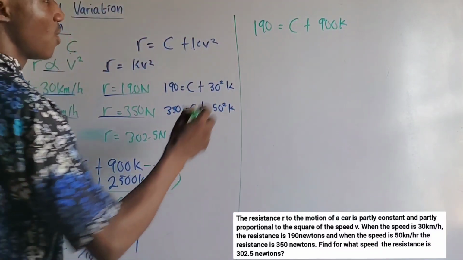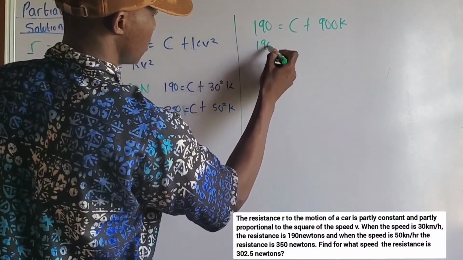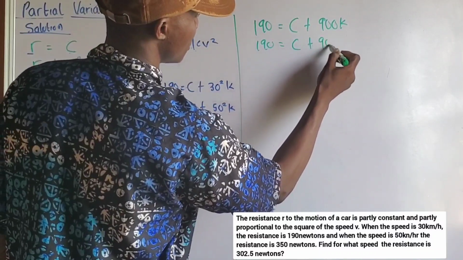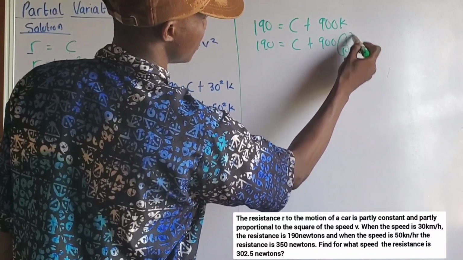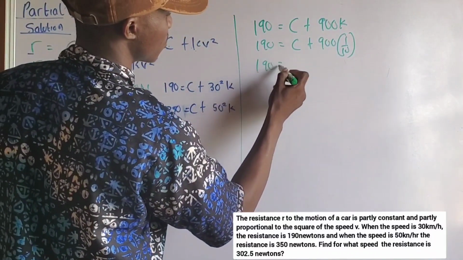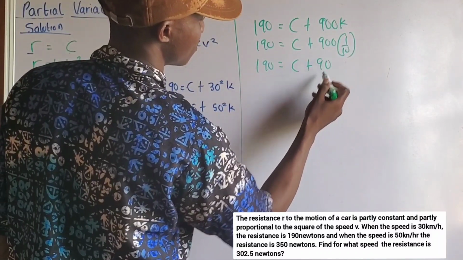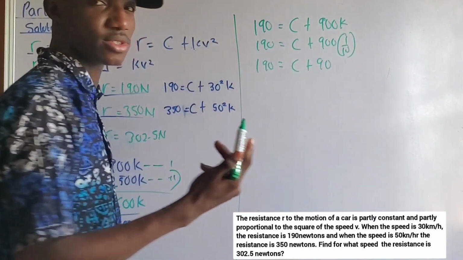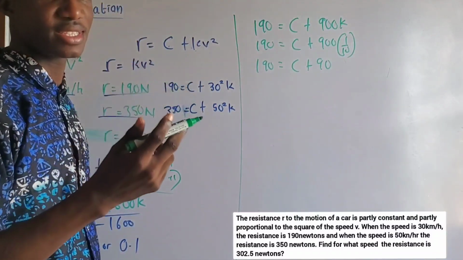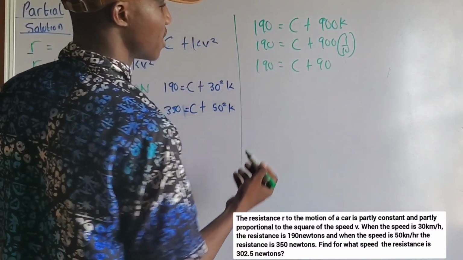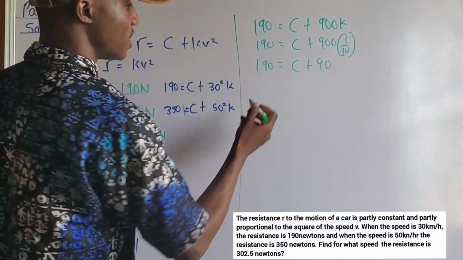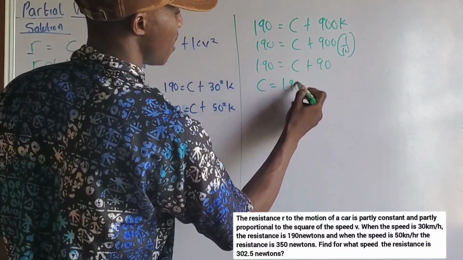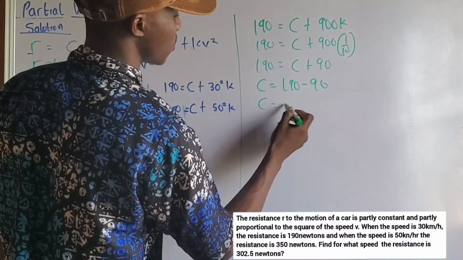So now 190 is equal to c plus 900 multiplied by 1 over 10, right? So 190 is equal to c plus 90, because 900 times 1 is 900, and 900 divided by 10 is 90. So you can make c the subject of the formula to get the value of c. So c equals 190 minus 90. Okay, so c equals 100.